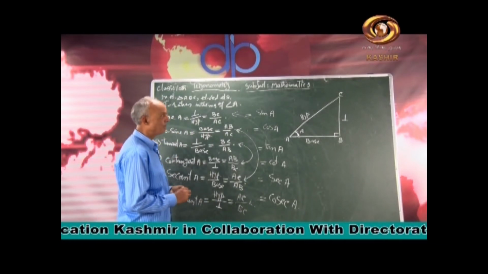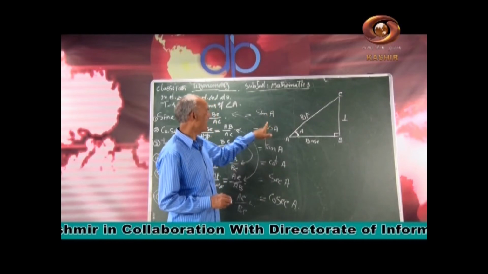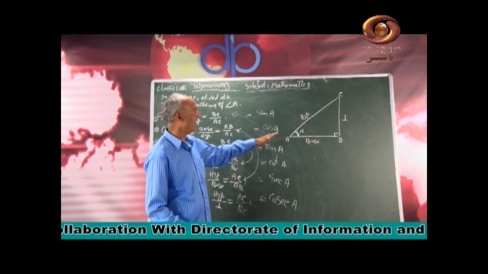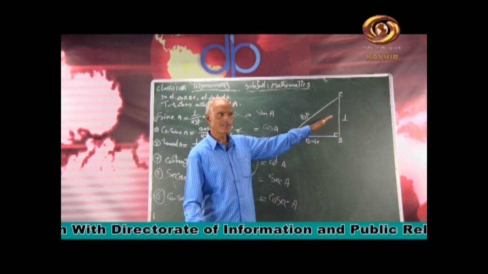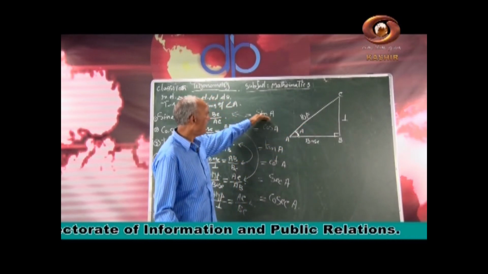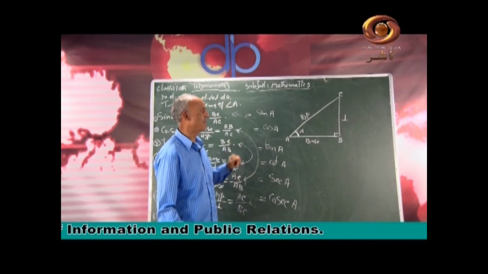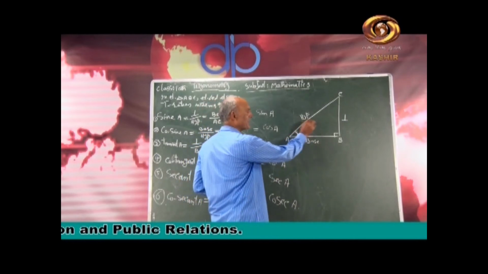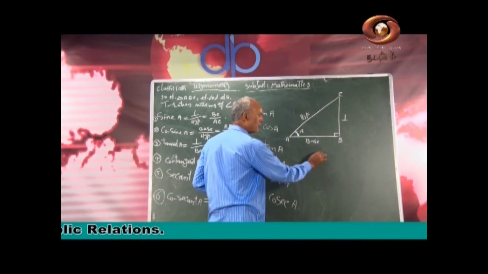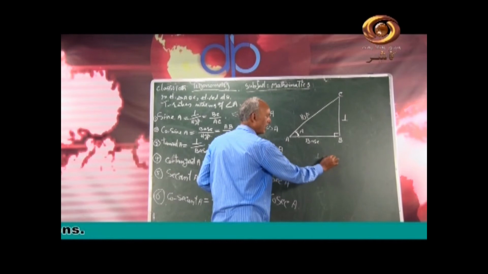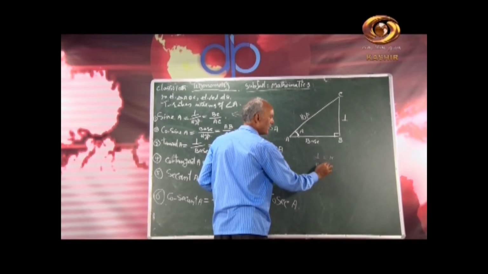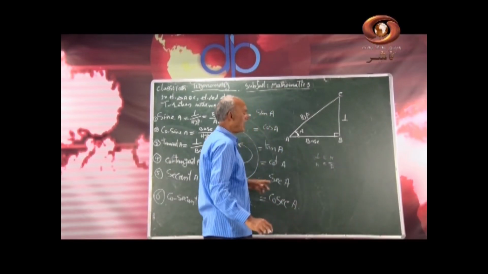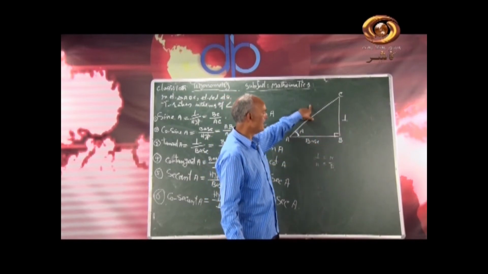Another thing is here, we see that for sin A and cos A, in a right triangle the hypotenuse is the longest side. So sin A and cos A will always be less than 1 because the denominator will be greater than the numerator. Perpendicular means numerator and hypotenuse is denominator, so the numerator is always less than the denominator.